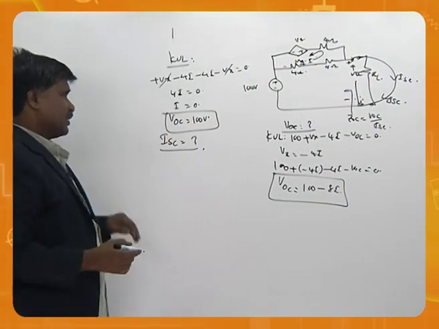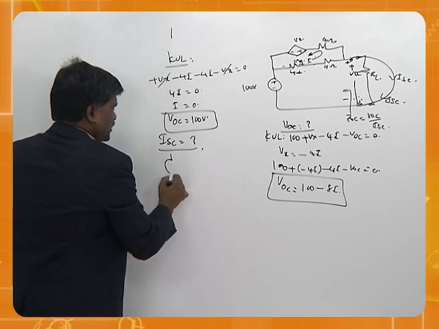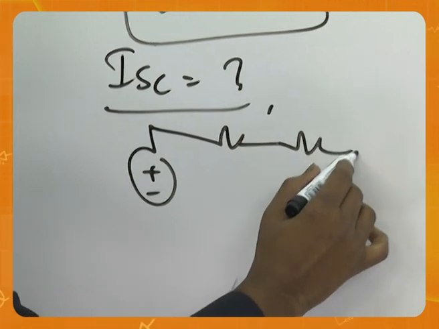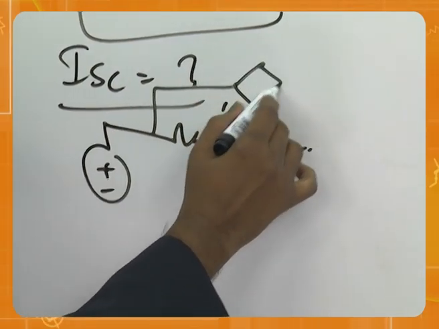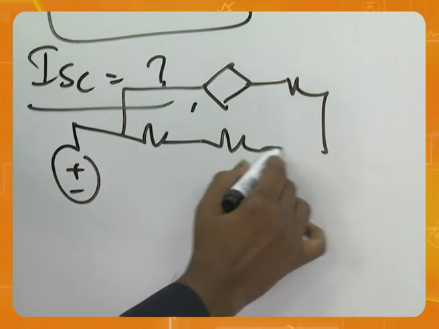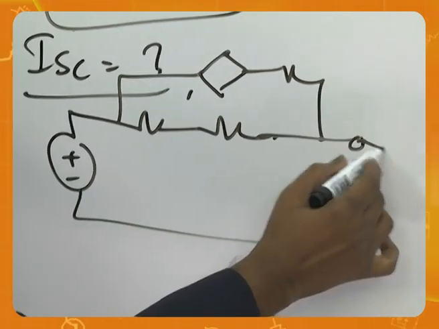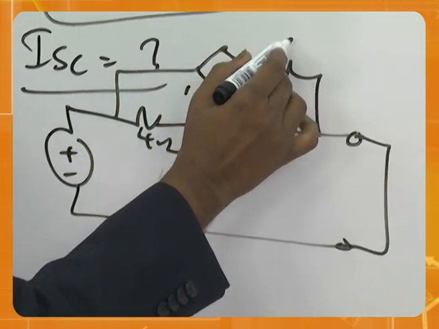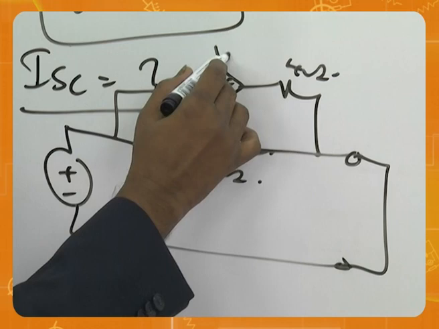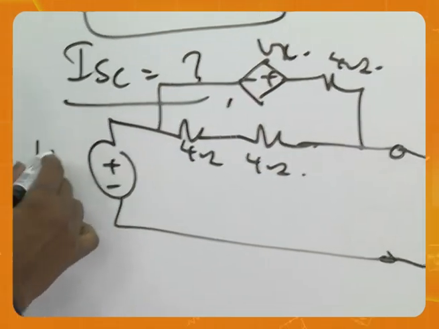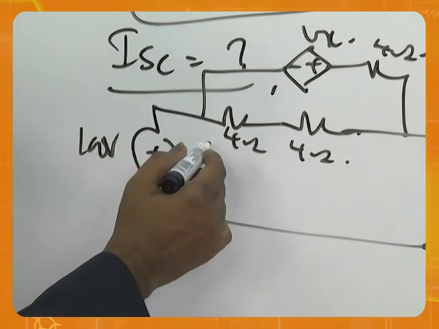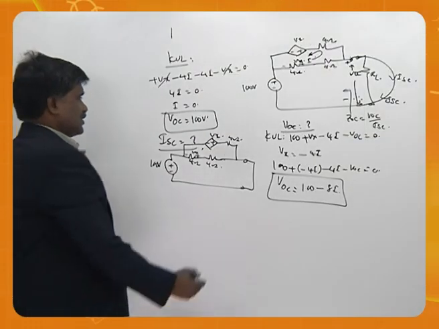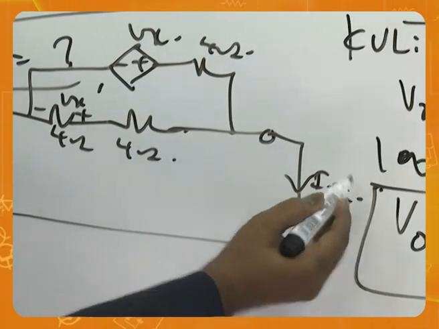So let me draw this circuit separately. This way, 4 ohms, 4 ohms, 4 ohms, minus plus Vx, 100 volts, and here minus plus Vx. So this can be called ISC. Calculate.